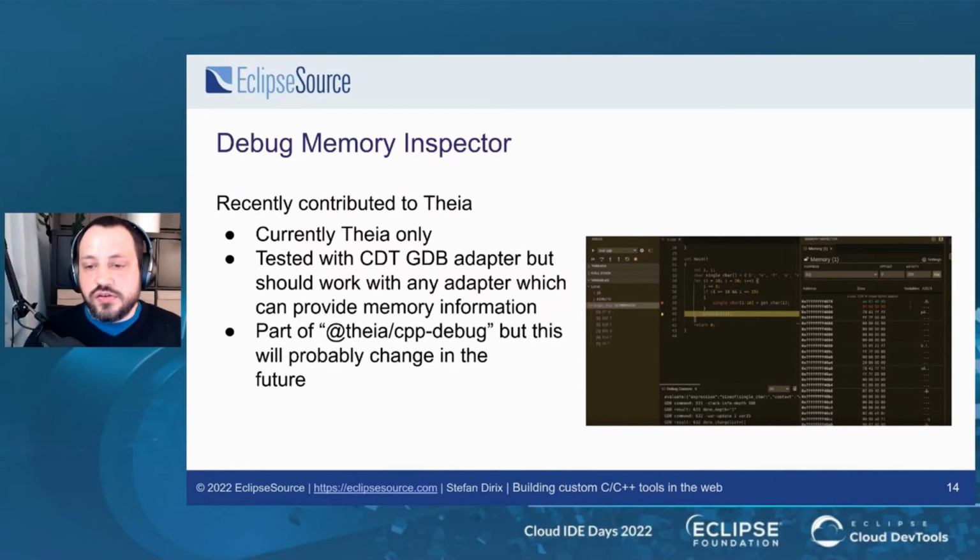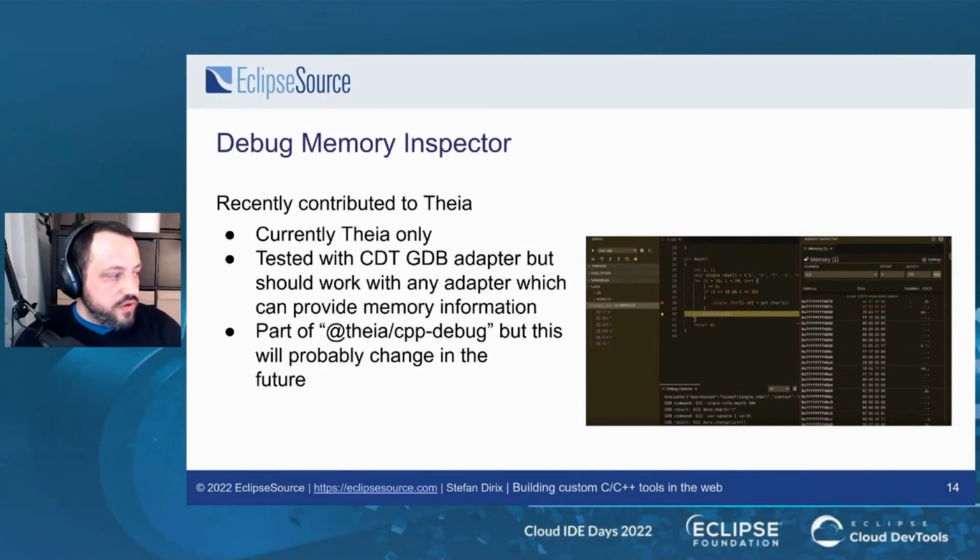And it should not only work for C++, but it's generic enough that you can add other things to it too. It's part of the Theia CPP debug package, which is not part of the core Theia repository, but a separate CPP extensions one. It could very well be that this will be moved because it doesn't necessarily have to be CPP specific.